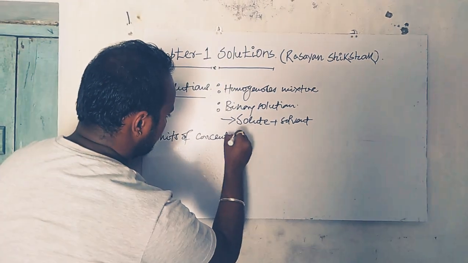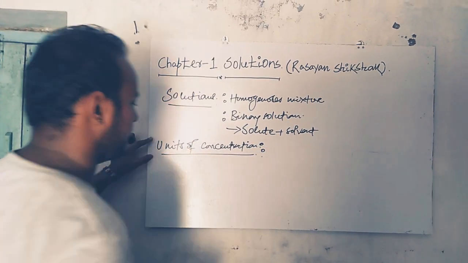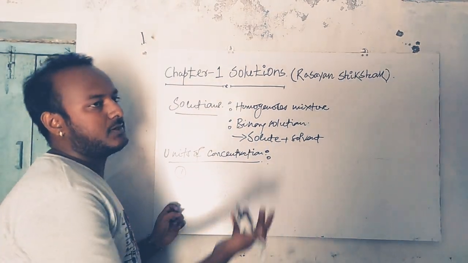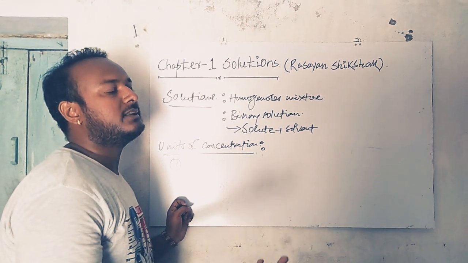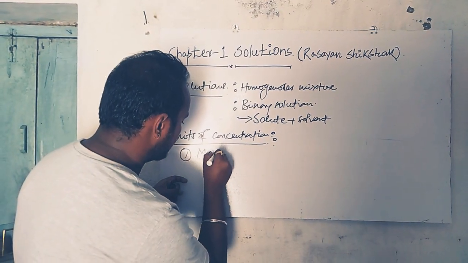Units of concentration. First of all, the first unit of concentration, or you may say a parameter to measure the concentration, is mass percentage.